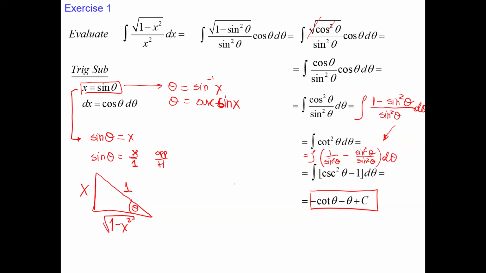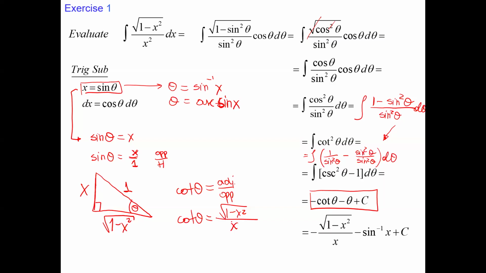When we have the solved right triangle, I can read any ratio. That means cotangent theta is adjacent over opposite, so cotangent theta will be square root of 1 minus x squared over x. And when we substitute, it is here.